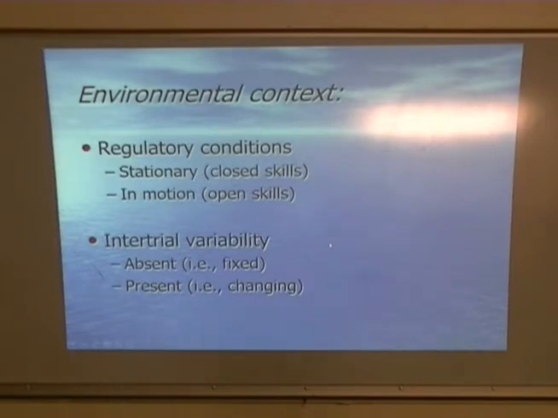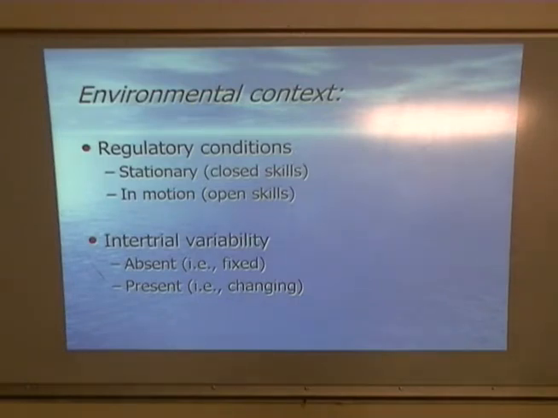So examples here could be, if we go back to our free throw, our free throw would be stationary under the regulatory conditions, and it would have absent, no intertrial variability, because the ball is the same, the distance from the hoop is the same height.